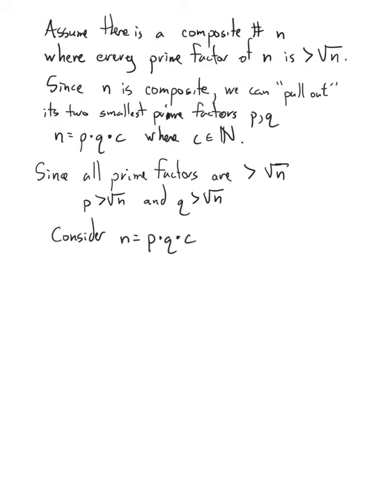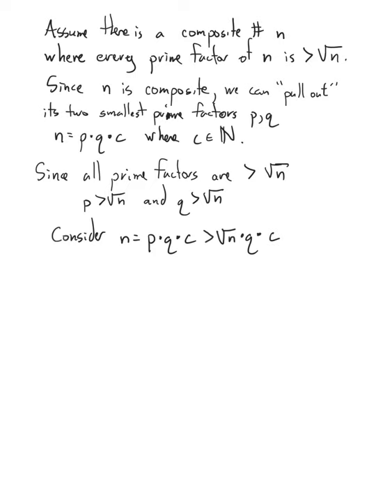What I'm going to do, if I replace p with square root n, well, since p is definitely bigger than square root n, or at least that's what we're assuming, if I replace p by square root n, I get an expression that's smaller. So I'm going to replace p with square root n, and if I do so, I get something that's smaller.